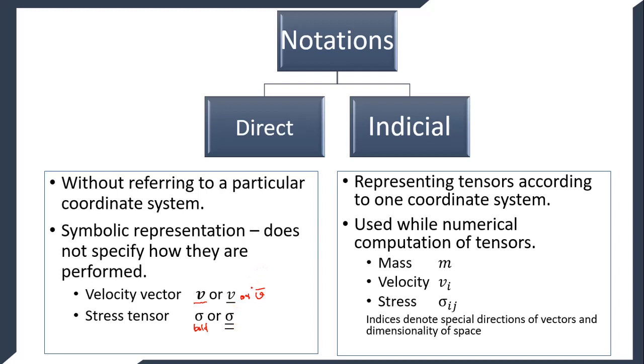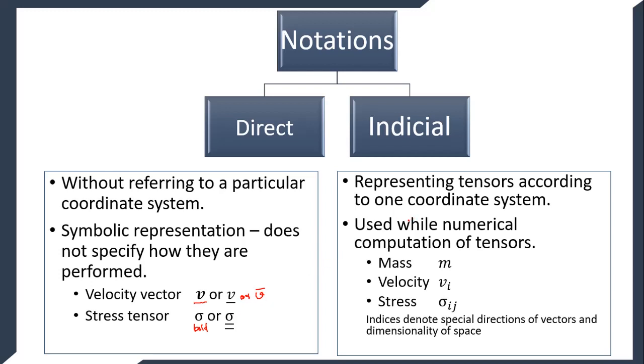So in tensor analysis, we stick to the underbar notation for direct notation. A vector having only one linear direction is denoted by 1 underbar, and a tensor, being multilinear, is denoted by 2 underbars or several underbars.